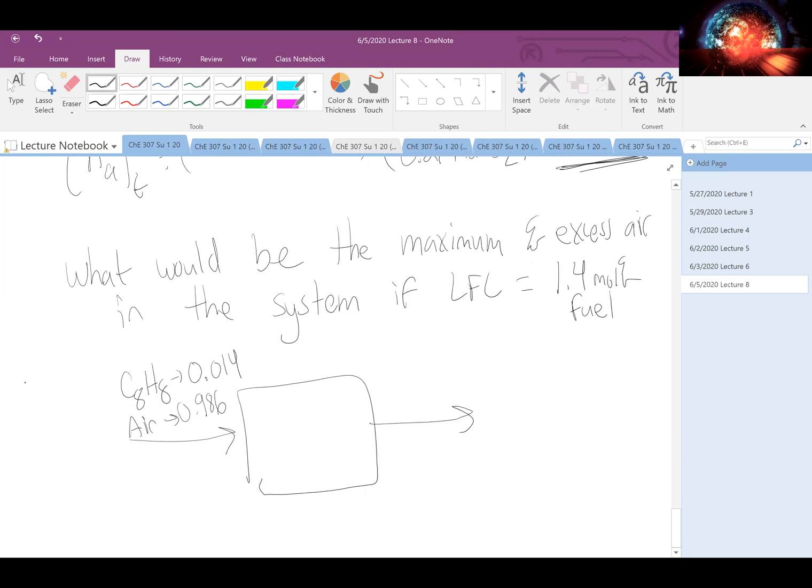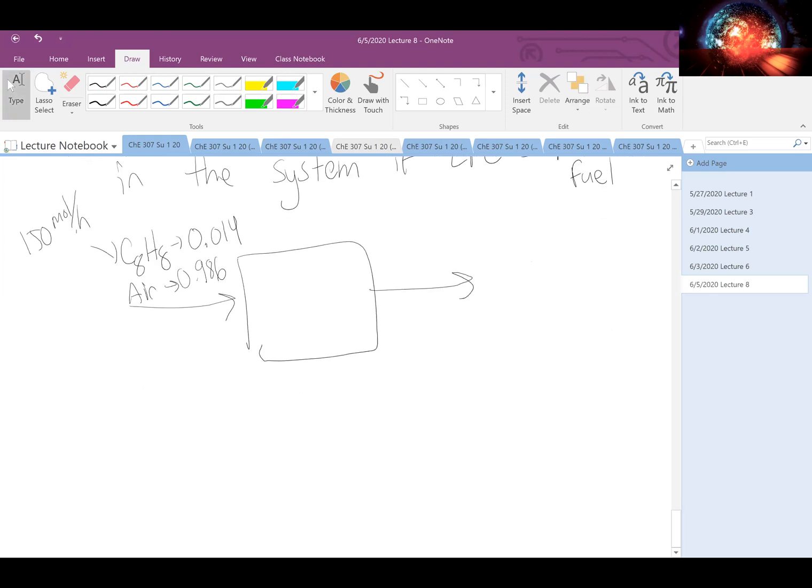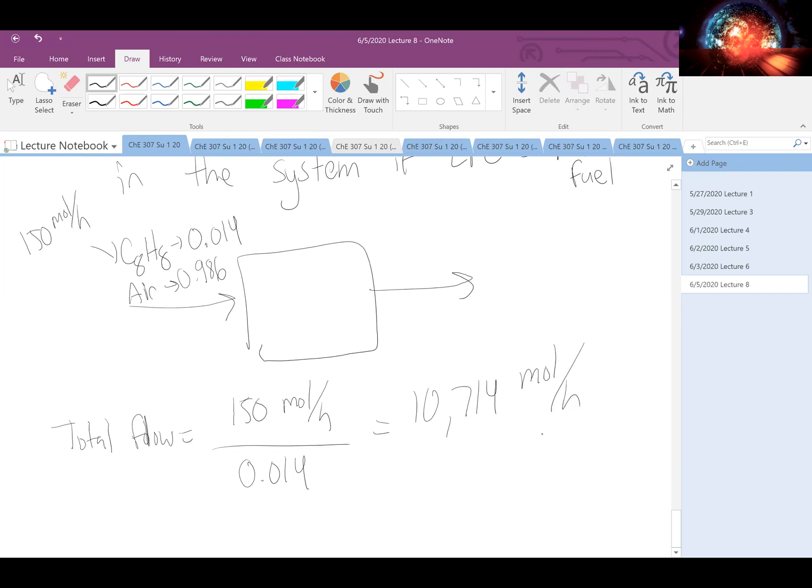Well, based on our 150 moles per hour, that would make the total flow, if the fuel was only 1.4%, 150 moles per hour over the 0.014, that would be 10,714 moles per hour total.